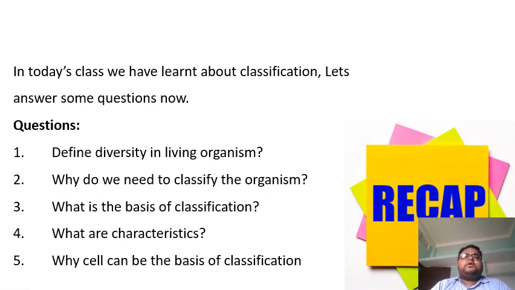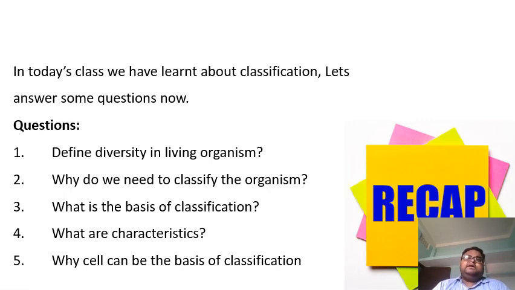So all those organisms constitute the diversity of living organisms. Okay. So students, now do you understand why we need to classify the organisms? Yes. We need to classify the organisms based upon their similarities and differences so that we can get more knowledge about them without spending more time.